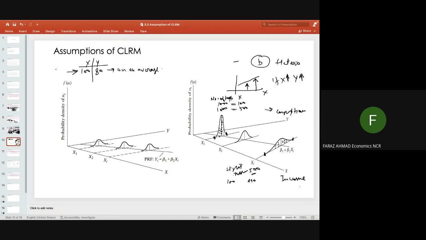So you are predicting consumption to be 80 when income is 100. Suppose this is your prediction from regression. Of course, we have not studied how to do these predictions, which we will learn. But let us suppose we have run a regression, and on the basis of it we are saying that if the income is 100, on an average people consume 80% of that income, right?